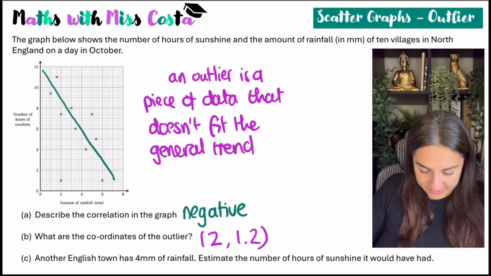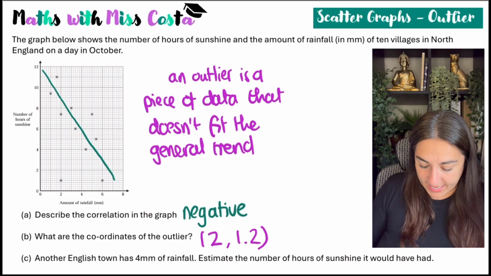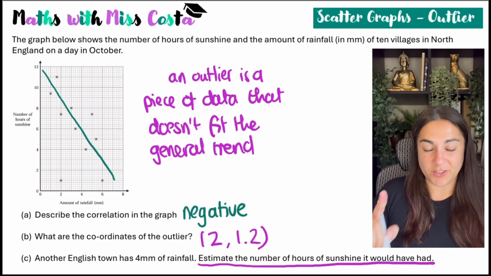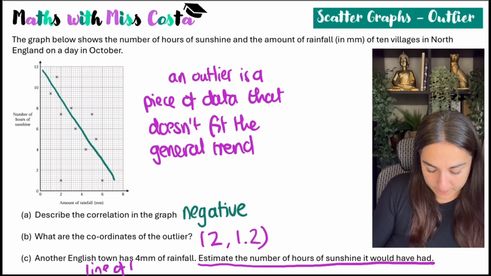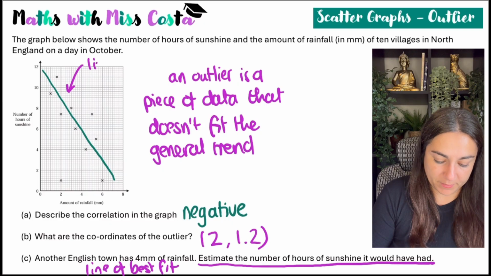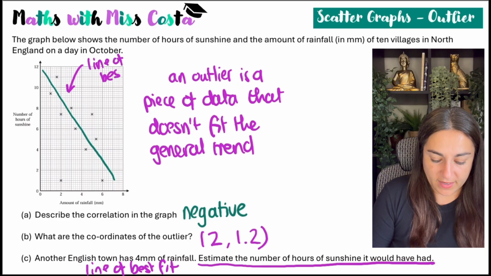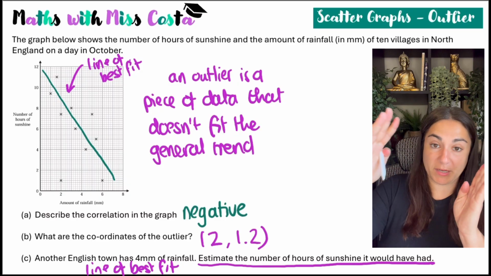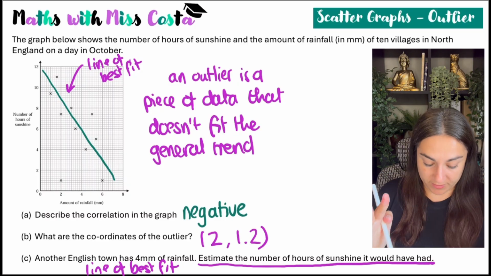Now it says another English town has 4 millimetres of rainfall. Estimate the number of hours of sunshine it would have. So the first thing we do is draw a line of best fit, which is what I've done here. It's just a straight line. You use a ruler and you draw it so that you have roughly as many points below as above, and it's following the trend of data.